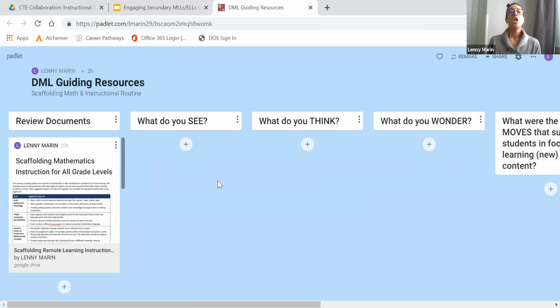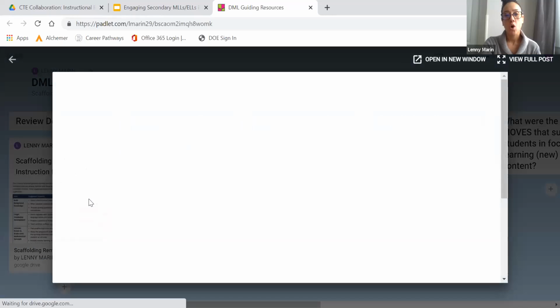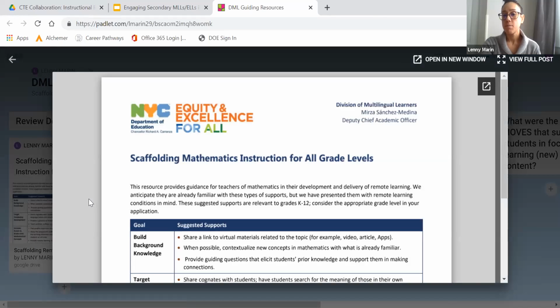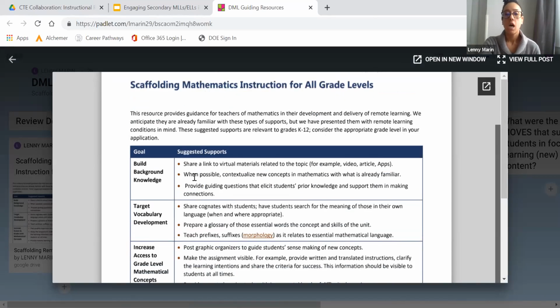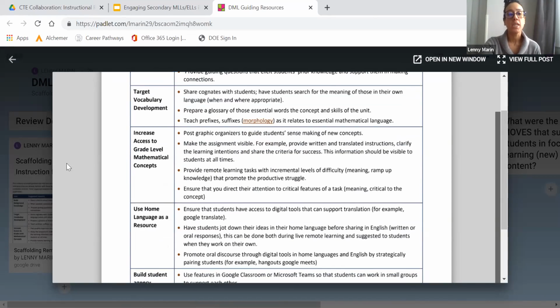Awesome, thank you. So what you will see here, we're going to use this Padlet twice today. On the left-hand side are the documents. One of them is called Scaffolding Mathematic Instructions for all grade levels. So you'll have some time to read through these.